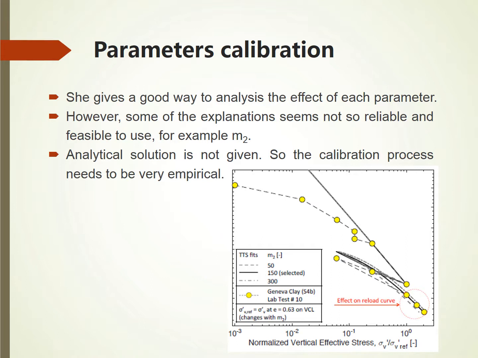But you can see it's hard to tell from M2 equals 50 to 300, that is 6 times, the curve doesn't change so much, so we can hardly use this method to calibrate M2, because the test data is not so beautiful, so it's hard to tell which M2 is better than the other.